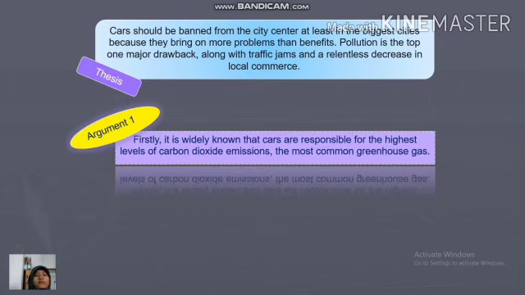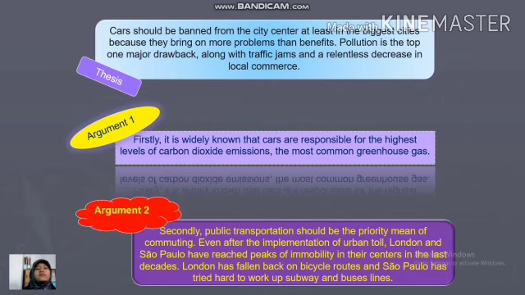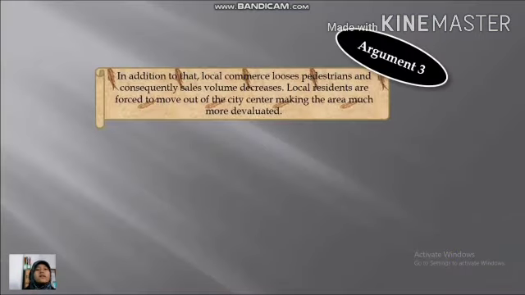And then argument 1, firstly. Nah, kata kuncinya di sini ya, firstly. Nah, yang pertama adalah, nah ini menunjukkan argument. Then argument 2, secondly, public transportation should be the priority means of commuting, even after the implementation of and so on. That's argument 2. Then argument 3, in addition. Nah, ini ada kata ya. In addition.